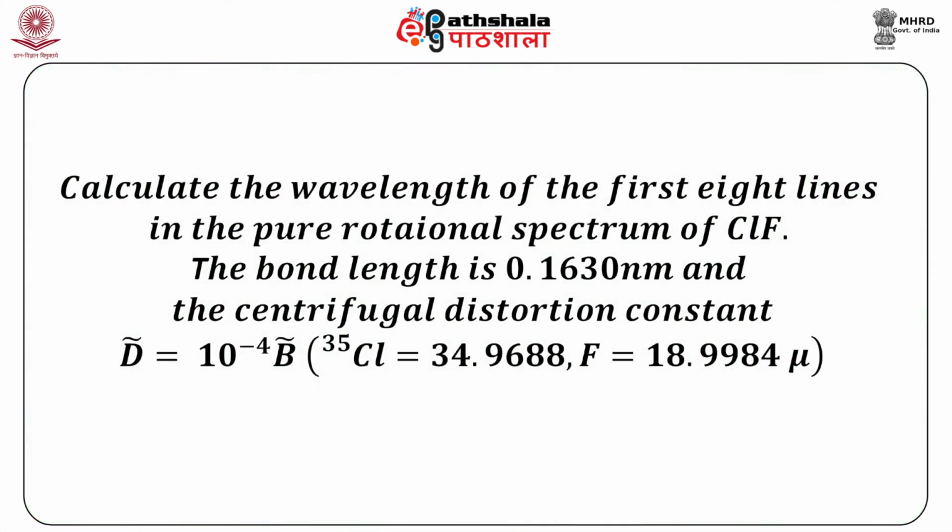In this example, you have to calculate the wavelength of the first 8 lines of the pure rotational spectrum of ClF. The bond length is 0.1630 nanometer, and the centrifugal distortion constant is also given. It is 10 raised to the power of minus 4 times b bar. You are given the atomic masses of chlorine and that of fluorine, 19.